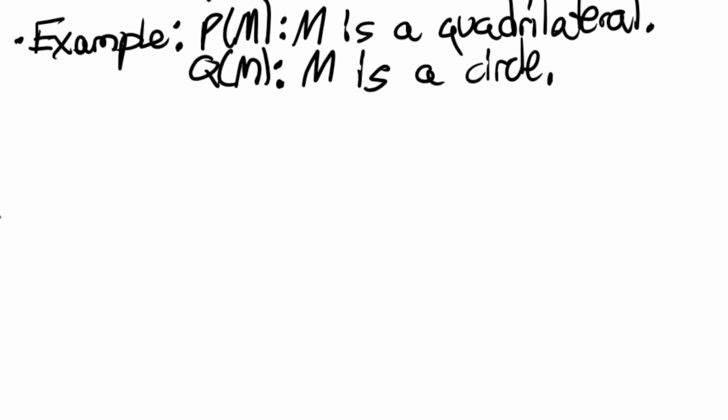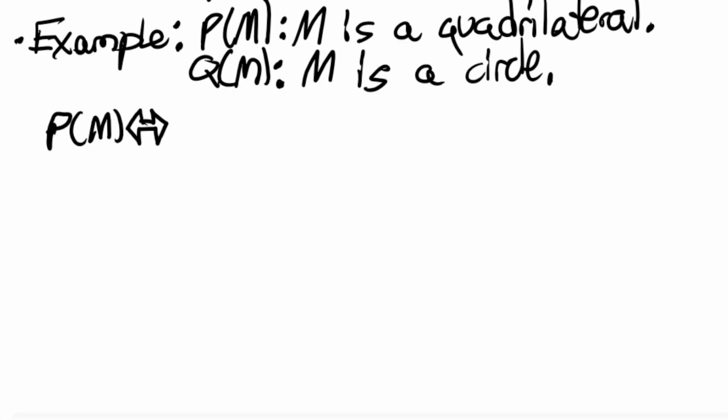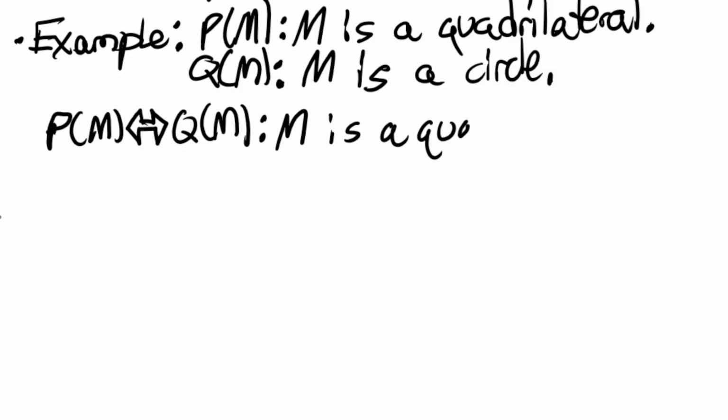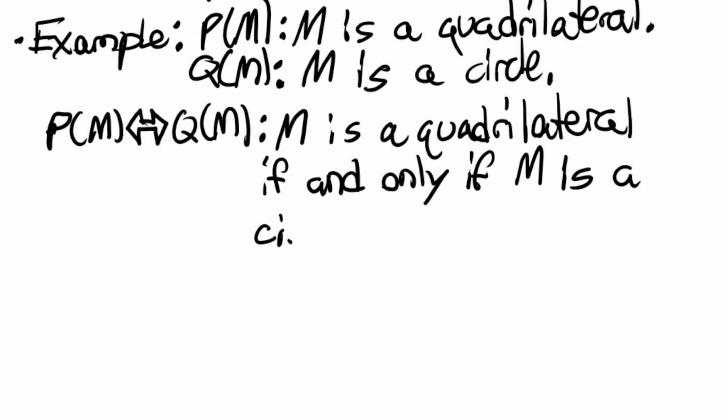So if we were to write this out as a biconditional, it would be written as M is a quadrilateral if and only if M is a circle.